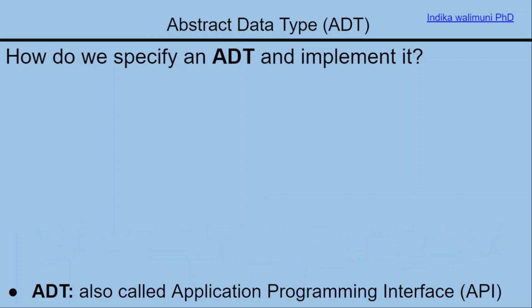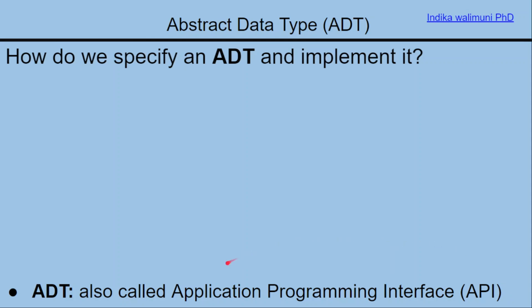All right. So in general, in public, an ADT is also called an application programming interface (API), especially with web application development. This is a really common name that we use in development, API programming.